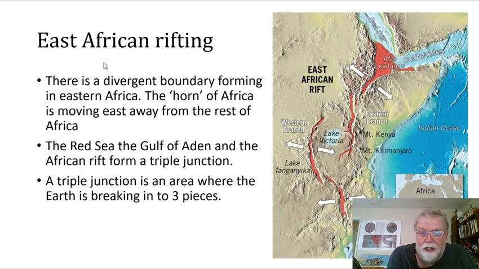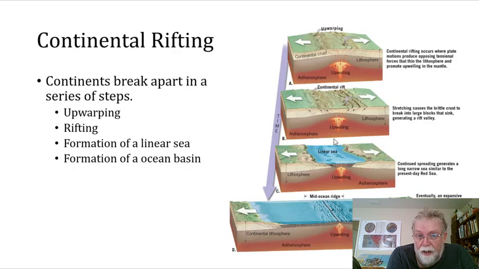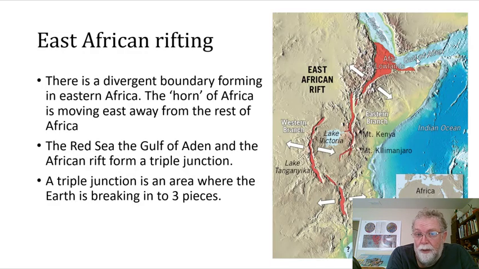I don't know my African geography that well, but this part of Africa here is moving to the east, where the rest of it is moving off to the west. And so this is that rifting phase, right? This is that phase right here, where the continent is breaking apart, making what we call the Great Rift Valley down through the center of Africa.